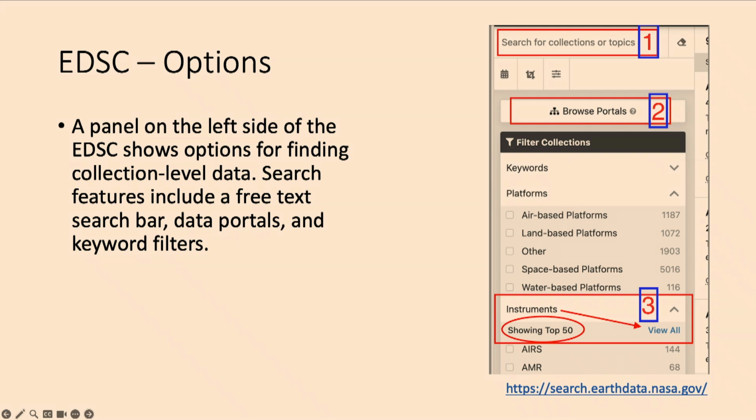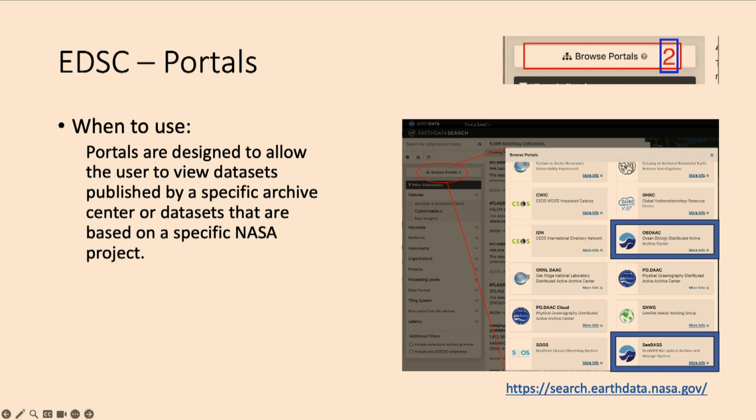On Earth Data Search, there's 3 main ways of searching, and I'm just gonna cover those 3 quickly. The quickest way to find PACE data would be to go into a portal, and for us, that would be under the OB.DAAC portal. What portals are is they're designed around a theme or a project or specifically hold the data from a data archive center.